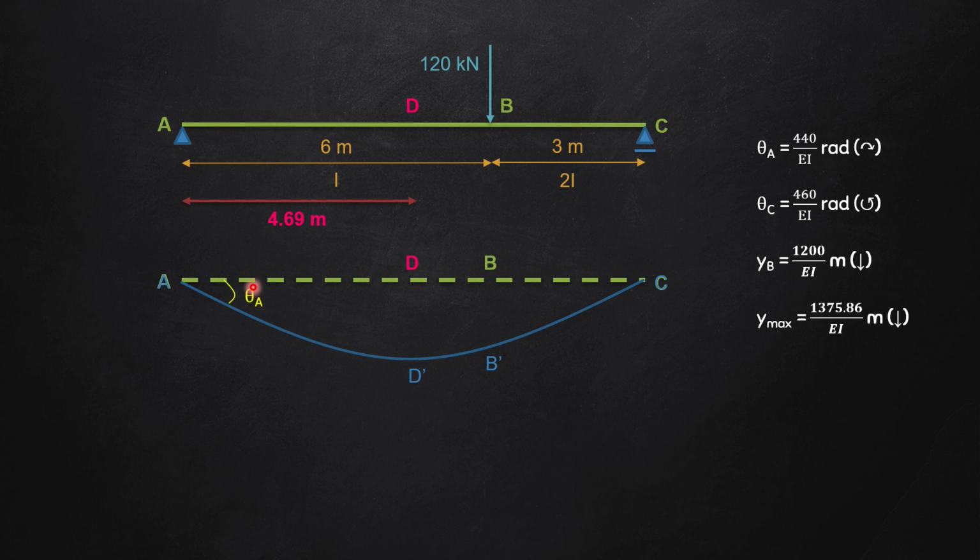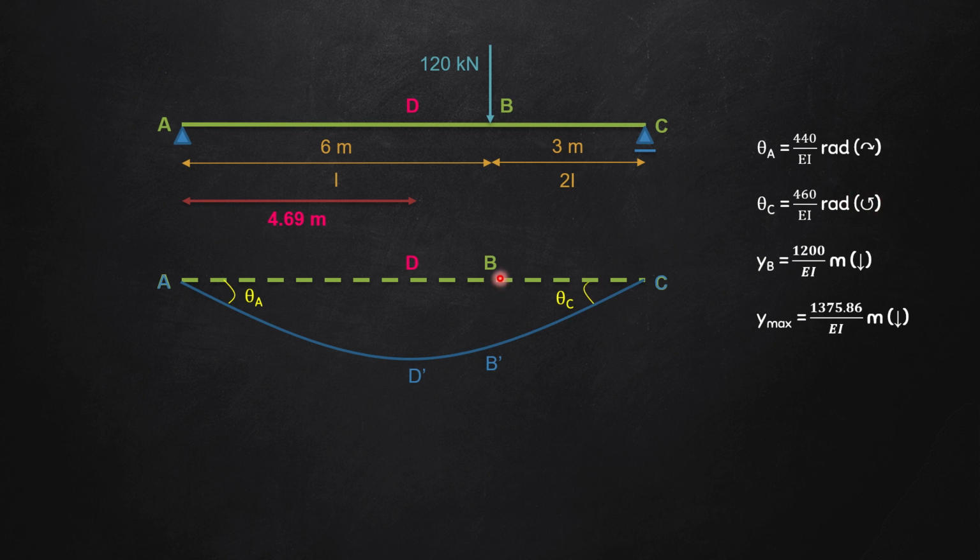At A, the slope here is theta A, and to come from its original position to its deflected shape, it has to rotate in the clockwise direction, which matches with our answer. Similarly for C, it has to rotate in the anti-clockwise direction, which is again matching with our answer.